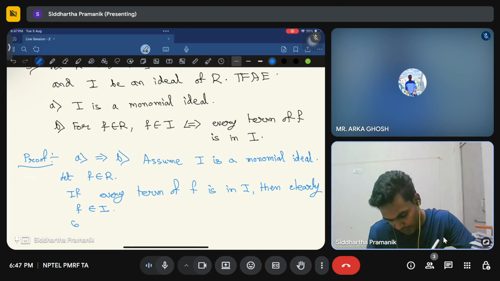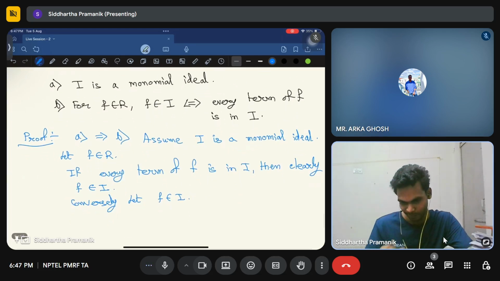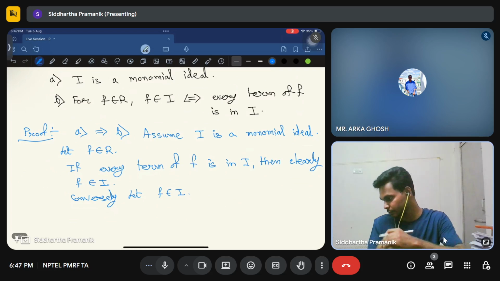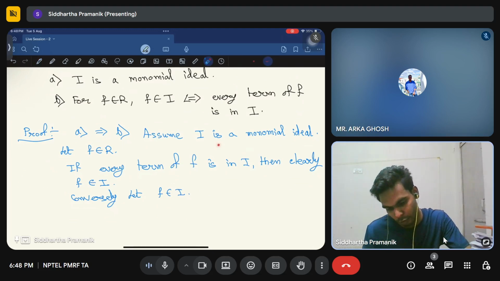So conversely, let f is in I. So we need to prove every term of f is in I. So we need to use the fact that I is a monomial ideal. So that means I is generated by monomials.